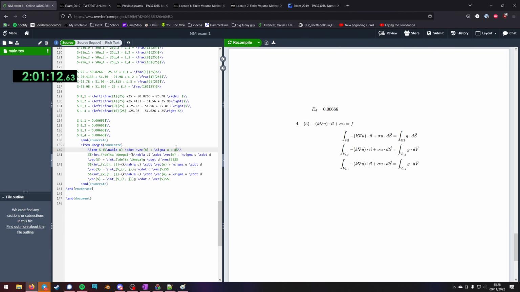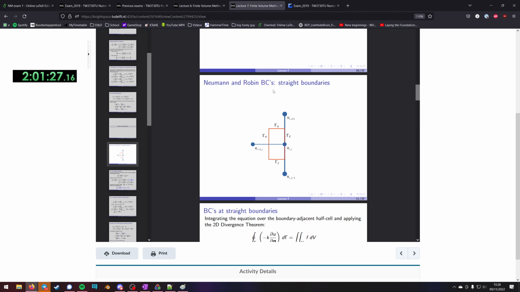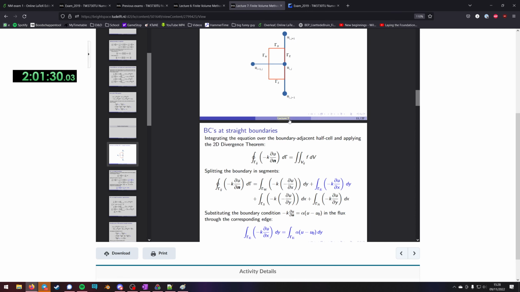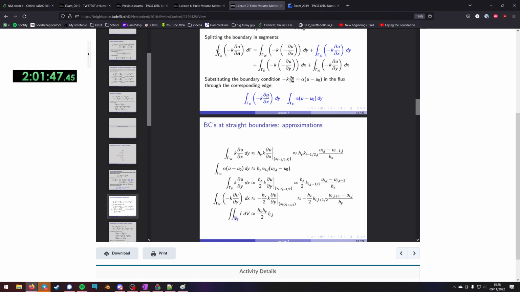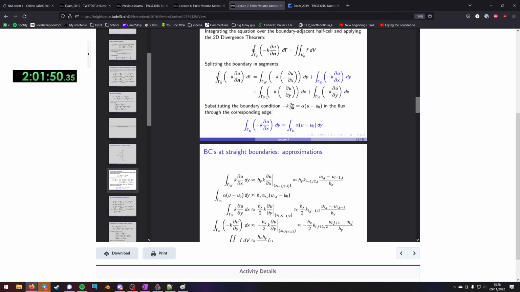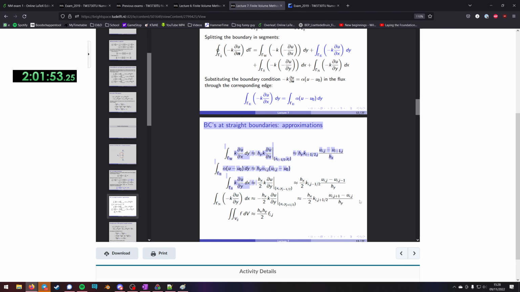Okay, so this equals g. What they're probably doing is that this part is gonna be using the boundary condition, and the rest is just gonna be done using.